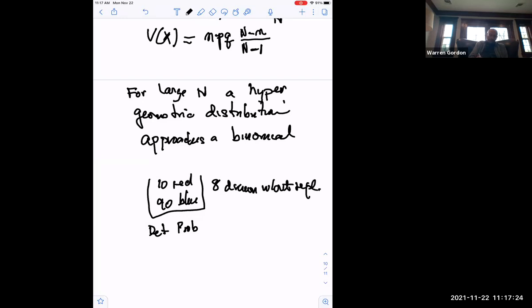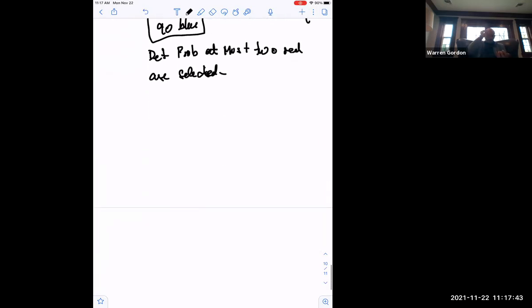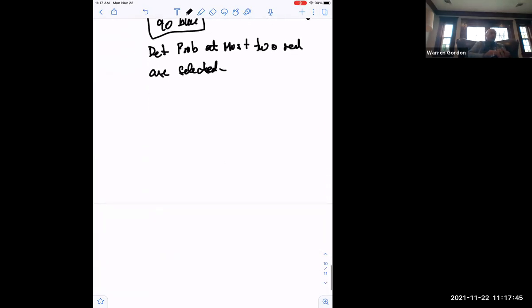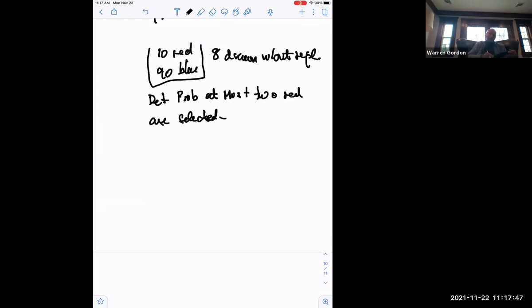Determine the probability that at most 2 red are selected. So at most 2 red means what? None, 1, or 2, right?